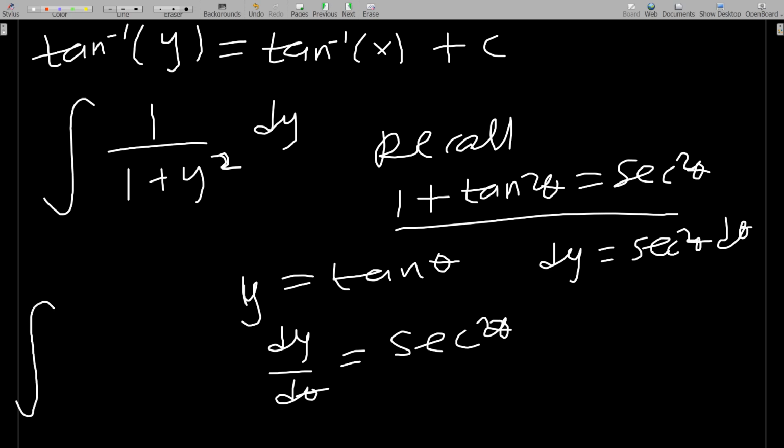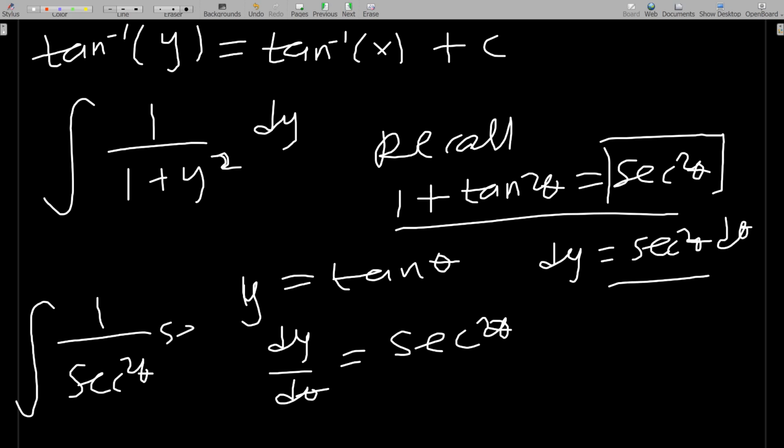You have 1 over 1 plus y squared, y is tan theta, so you become 1 over 1 plus tan squared theta, which is sec squared theta. Then dy is sec squared theta d theta. Then sec squared theta cancels sec squared theta, so you have the integral of 1 d theta.